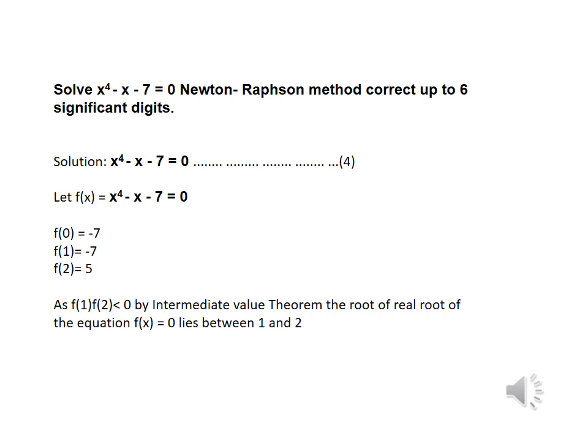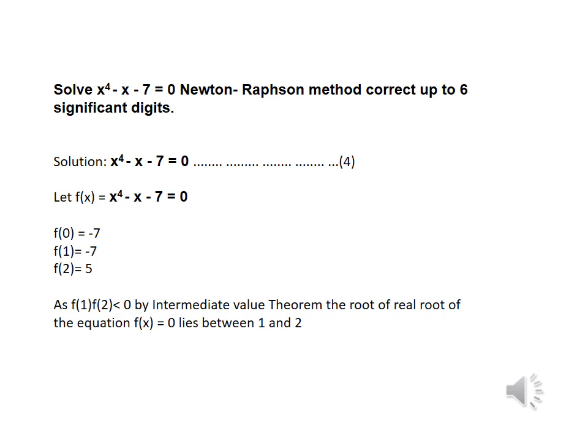You can clearly say that f of 1 equal to minus 1 and f of 2 equal to 5. So the product, minus 1 into 5, is less than 0, and we can say that by the intermediate value theorem, the root is between 1 and 2.